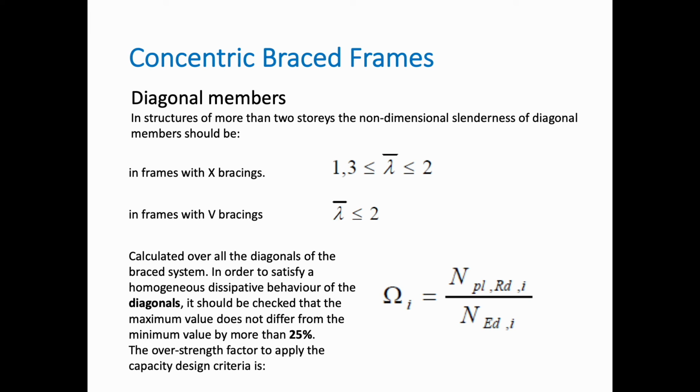Calculated over all the diagonals of the braced frame, in order to satisfy a homogeneous dissipative behavior of the diagonals, it should be checked that the maximum value does not differ from the minimum value by more than 25%, so as to keep the balance. The overstrength factor to apply the capacity design criteria is omega, which is the ratio between the plastic axial resistance and the applied axial force.